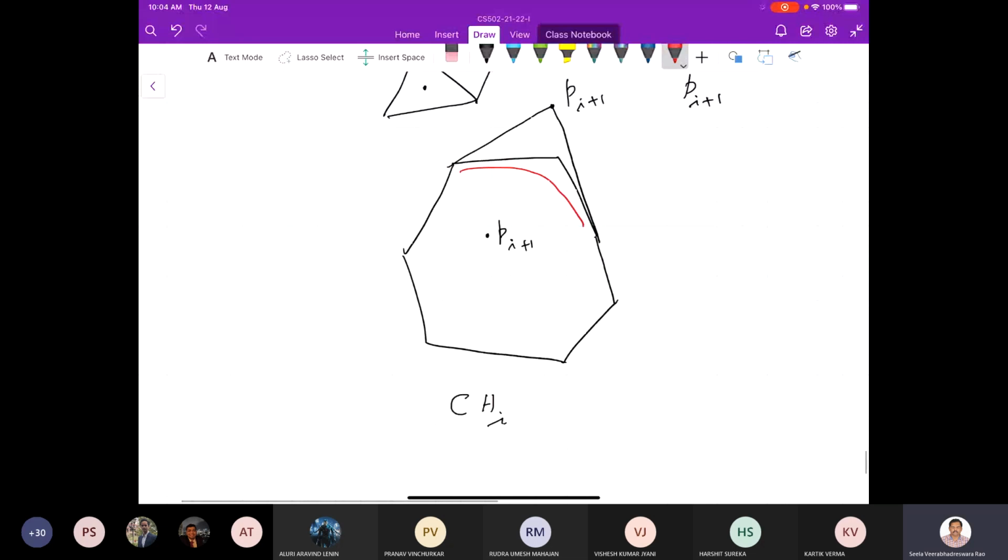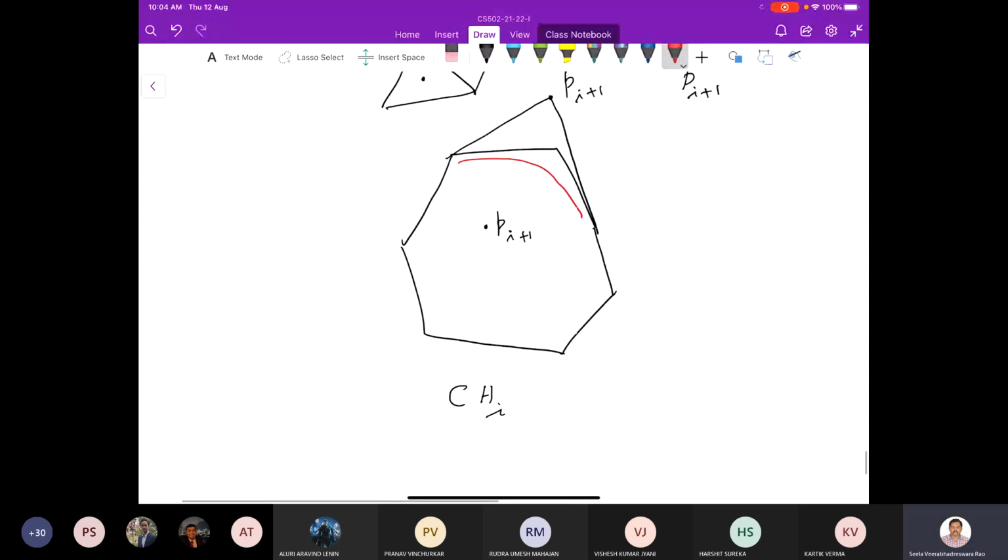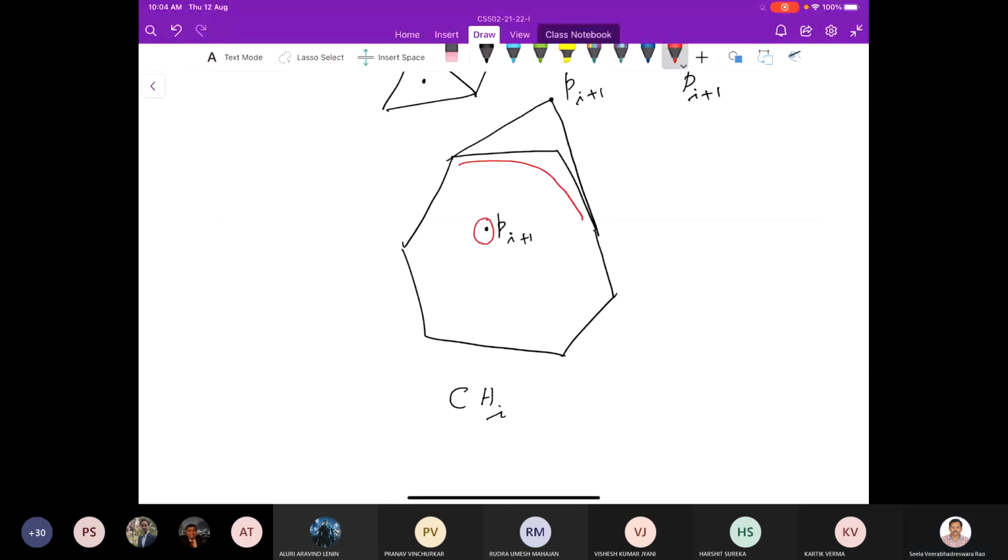So now the question is how we can check whether the next point is inside this current convex hull or not. That is the first step we have to do to incrementally construct the convex hull of the first I plus 1 points.